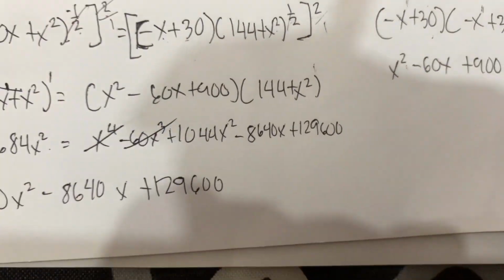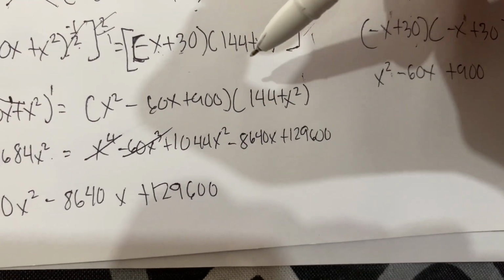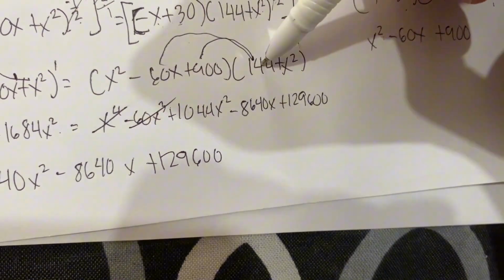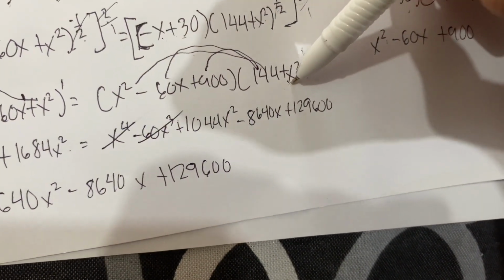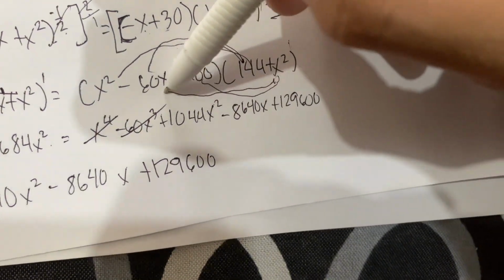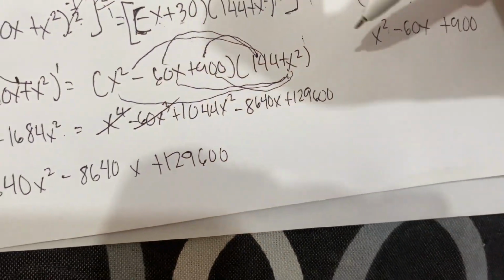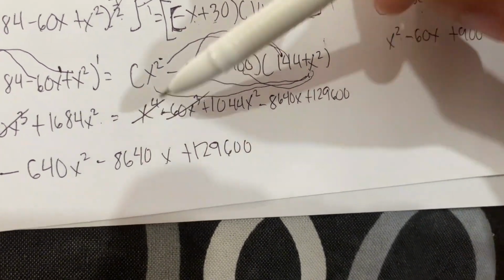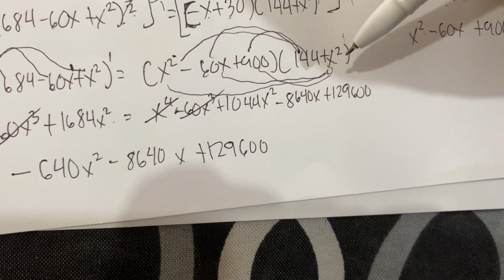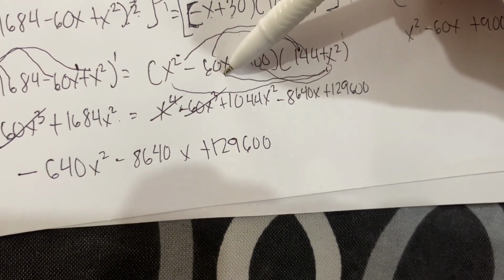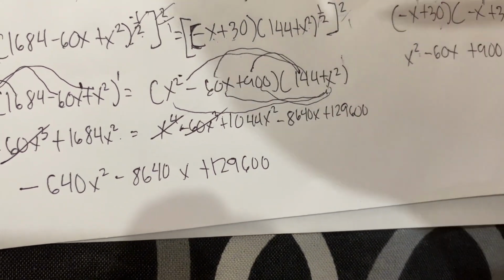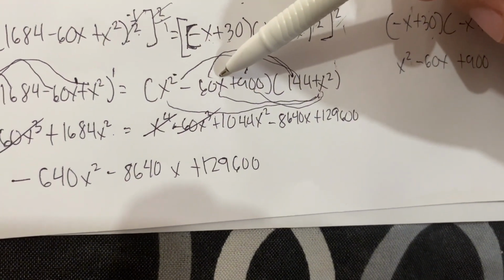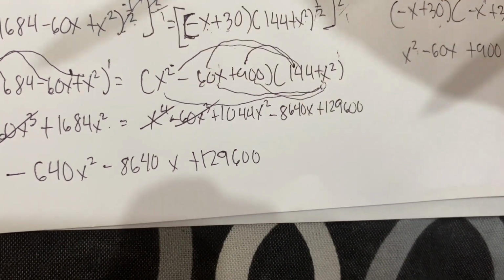And then for the other side, this is a trinomial, so we're going to distribute 144 to all the terms, and we distribute x squared to all of the terms as well. So x squared times x squared is just equal to x to the 4th, and then x squared times negative 60x is equal to negative 60x cubed, since we have an exponent 2 here and an exponent 1 right here, so that is just an addition of exponent.